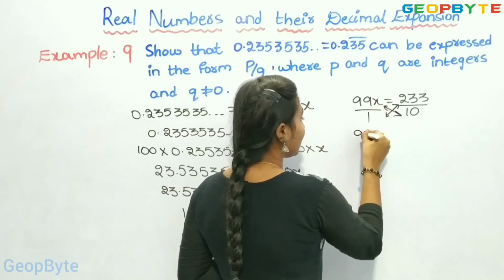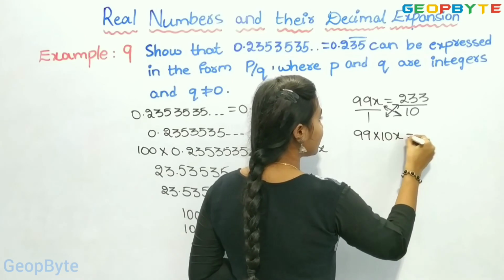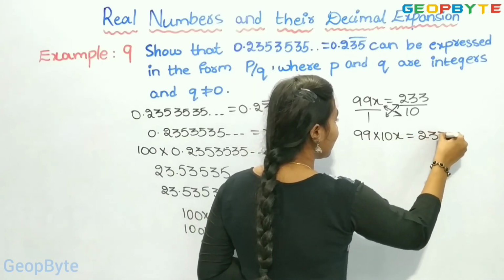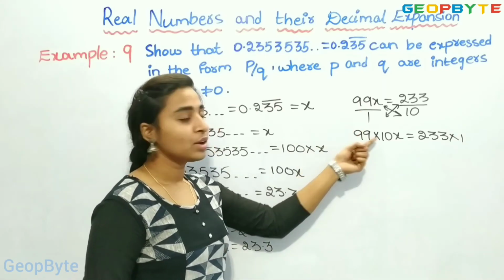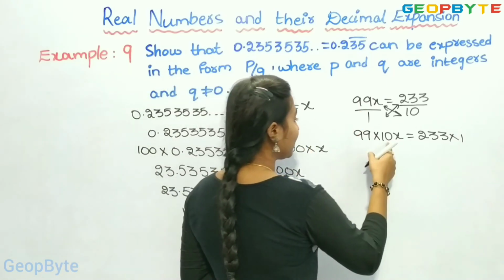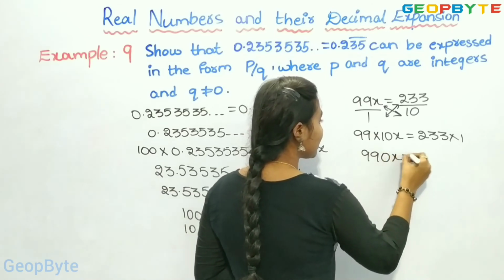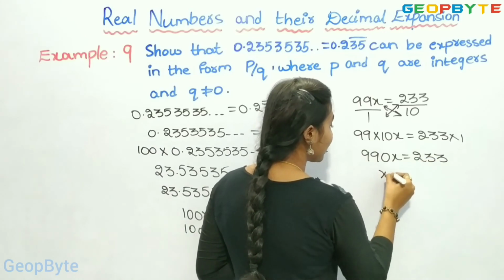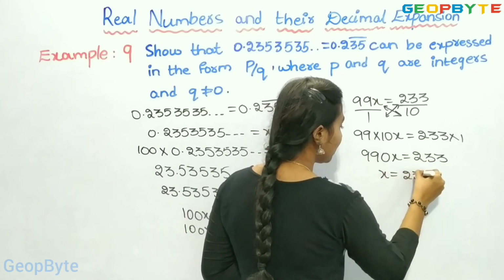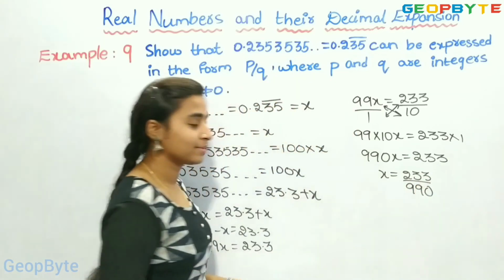So, 99 into 10x is equal to 233 into 1. So we have nothing here, so it will be 1. 99 into 10 is 990. X is equal to 233. So x is equal to 233 by 990.